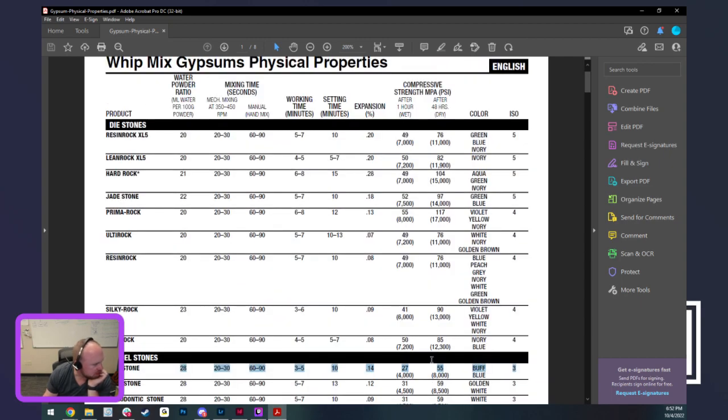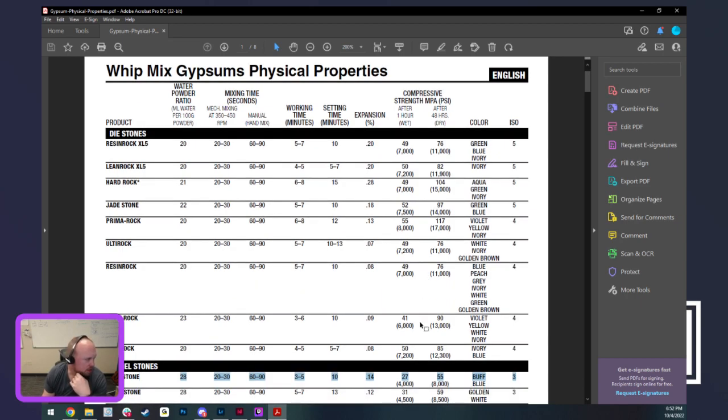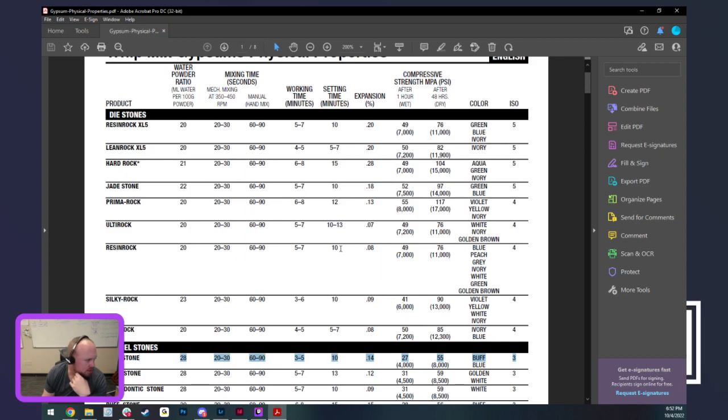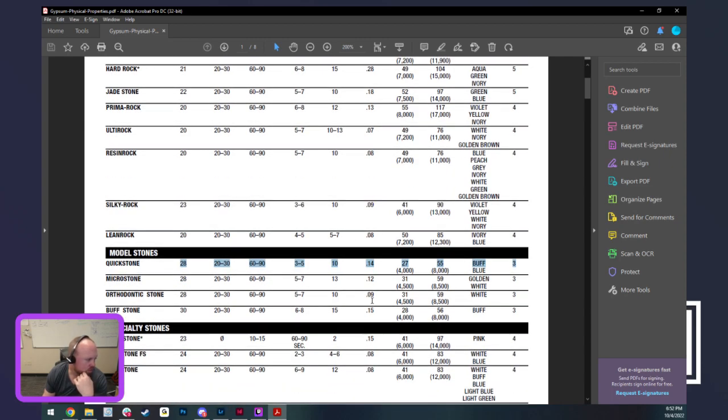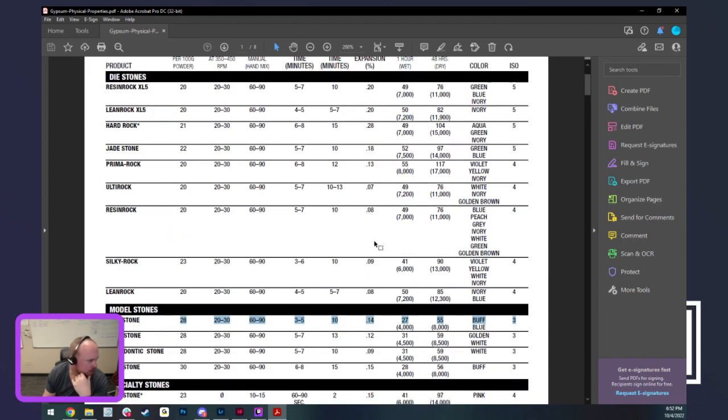But you can see this is hanging up inside of our model room. It's always available as a reference, and you can see what the expansion rates are of the things that you're looking for. So if you're doing implant work, you want something with a very, very low expansion rate, whereas our dental stone is 0.14, you might be looking somewhere down here, or up here.